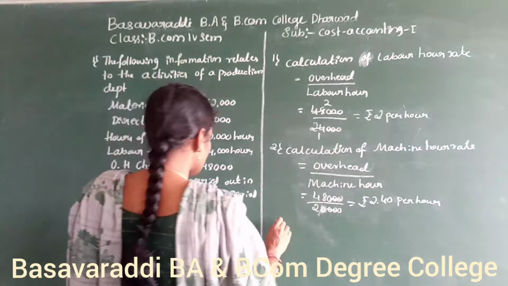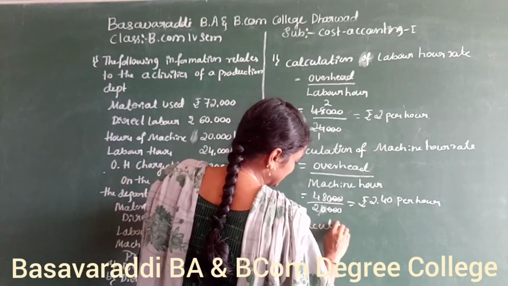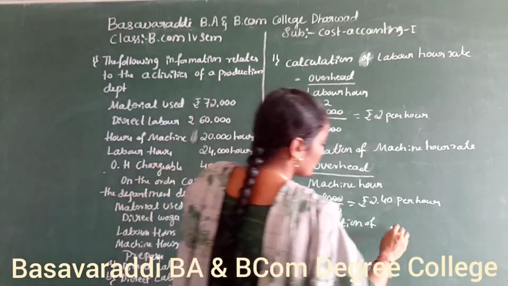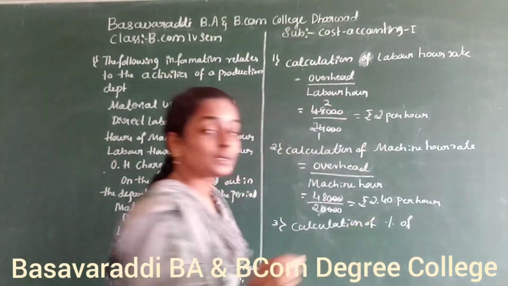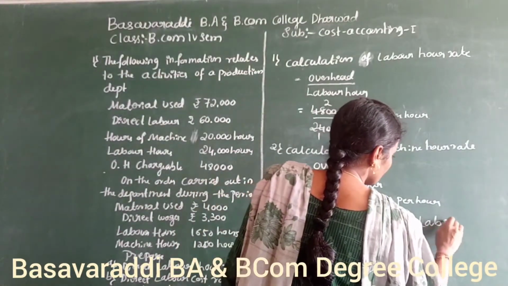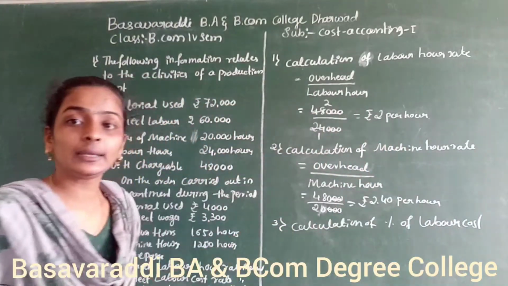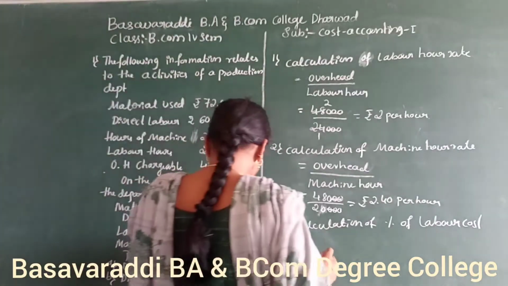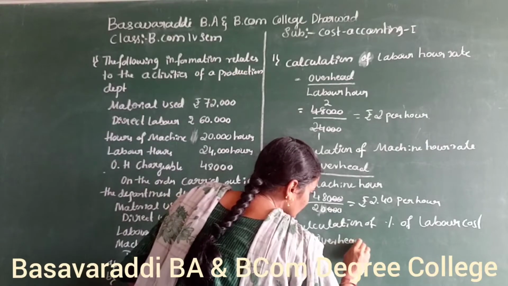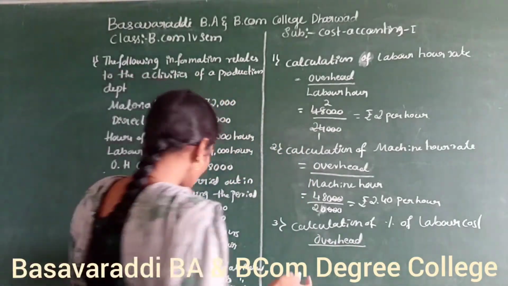The next one is calculation of percentage of labor cost. Percentage of labor cost is equal to overhead divided by labor cost into 100.